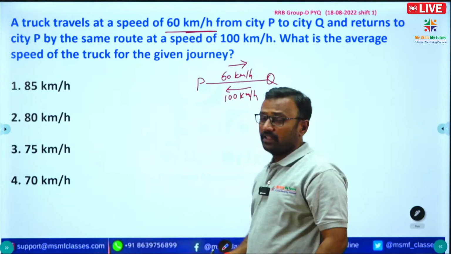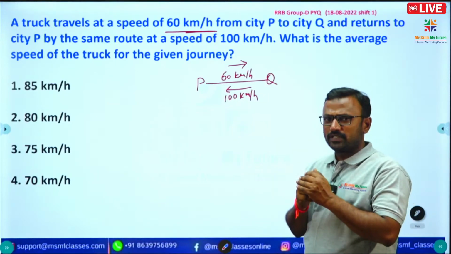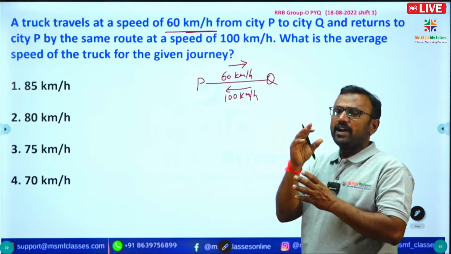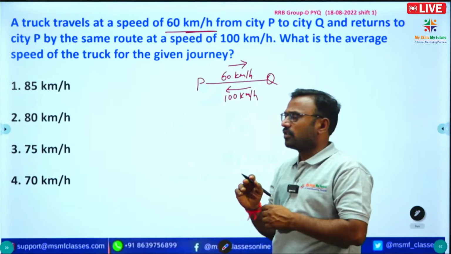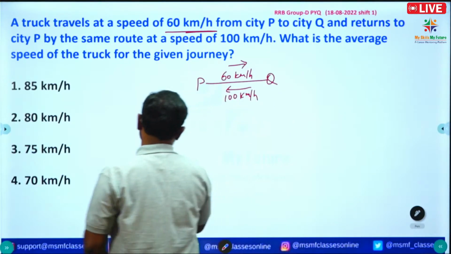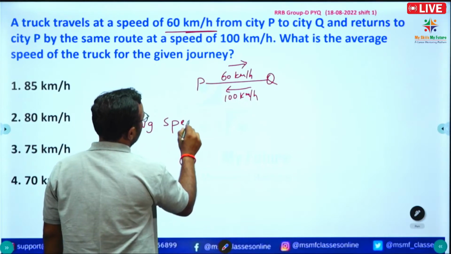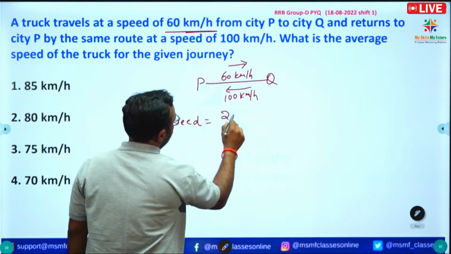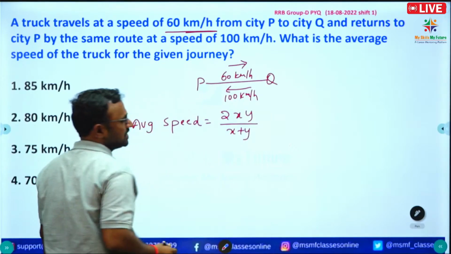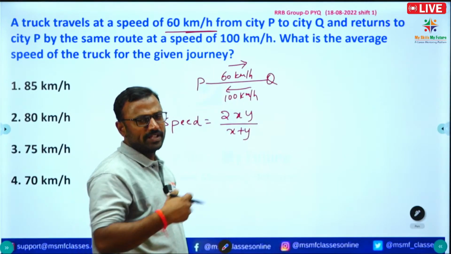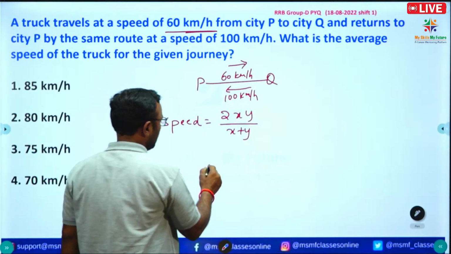So we already see that in the concept of time, speed and distance, the average speed question is repeated many times. Okay, so focus on average speed. The average speed formula is 2xy by x plus y, where x is the going speed and y is the reverse, or back running, speed.